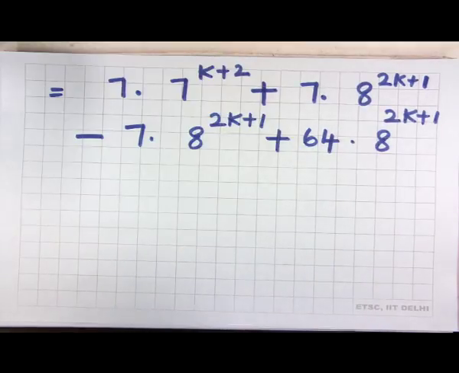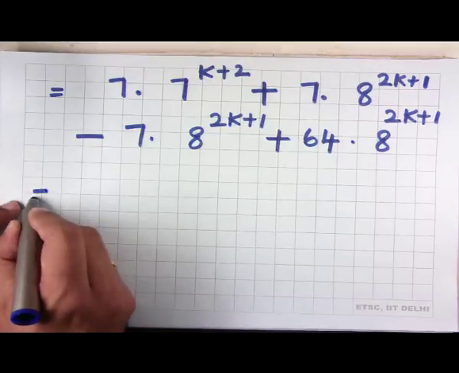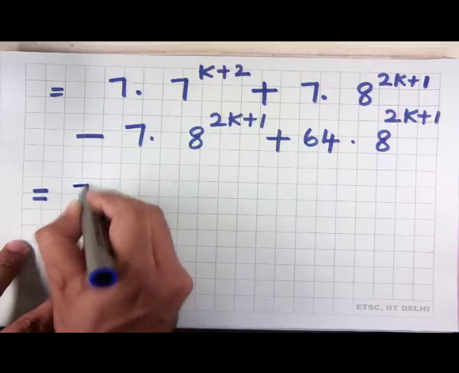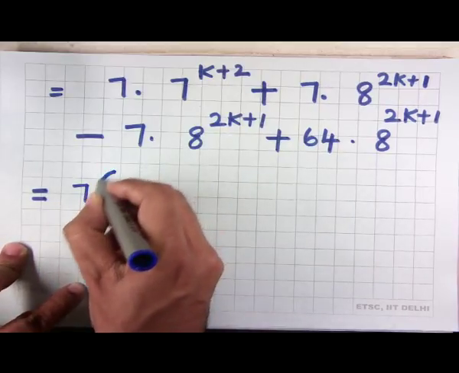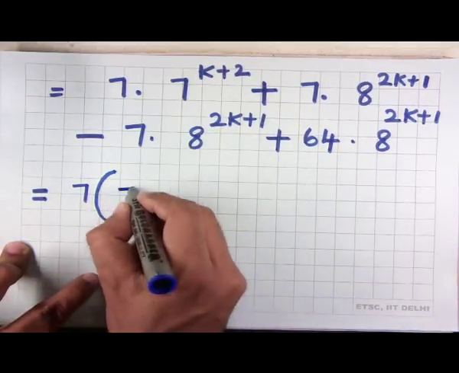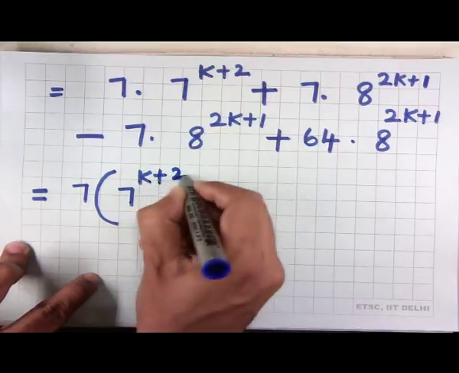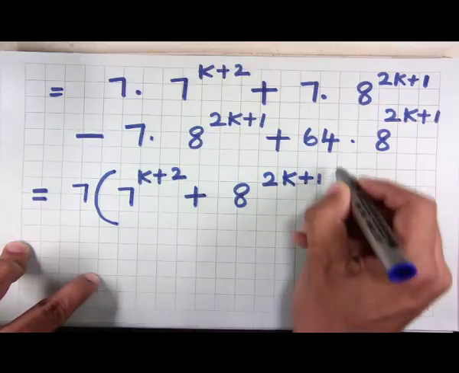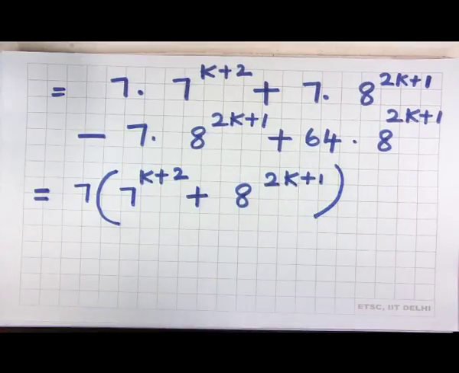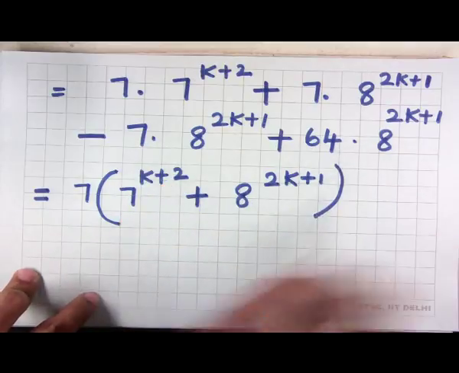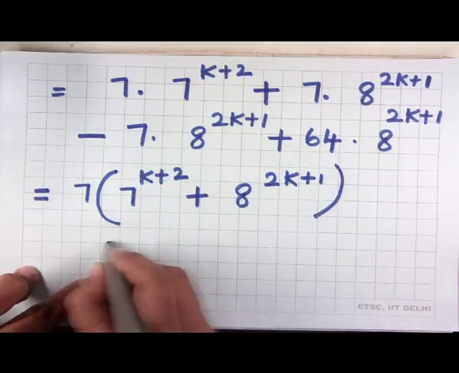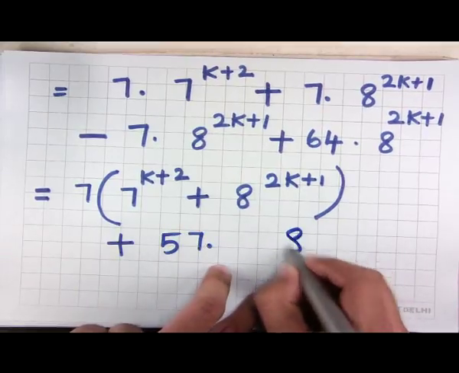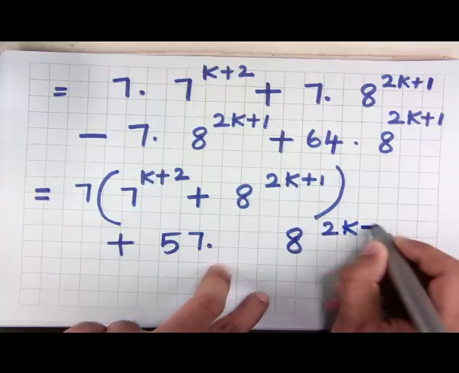I have done this with a special purpose which will be clear in the next step. I can take 7 outside from the first two terms. If I do that, I get this, and the third and fourth terms can be combined, and I will get 57 times 8 power 2k plus 1.